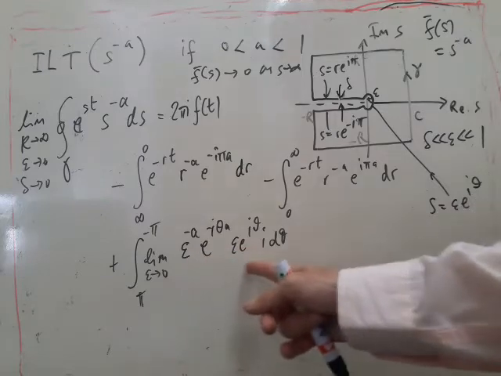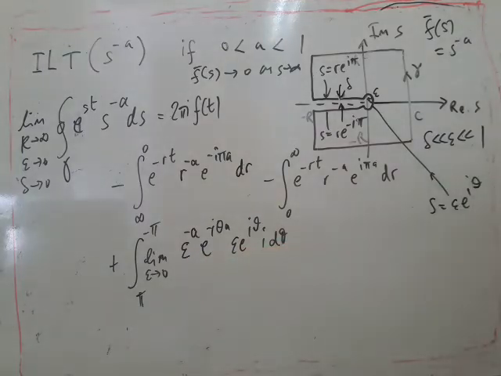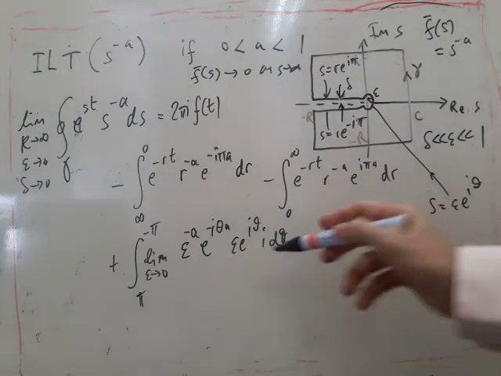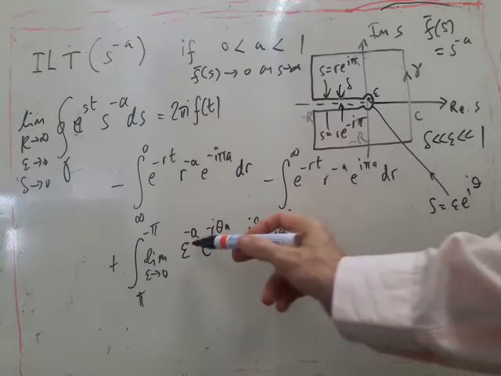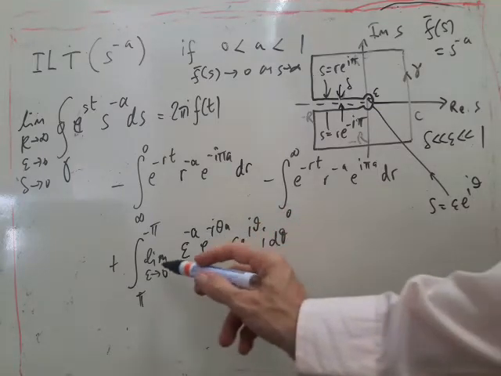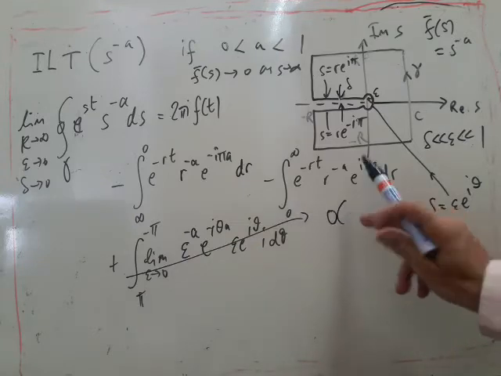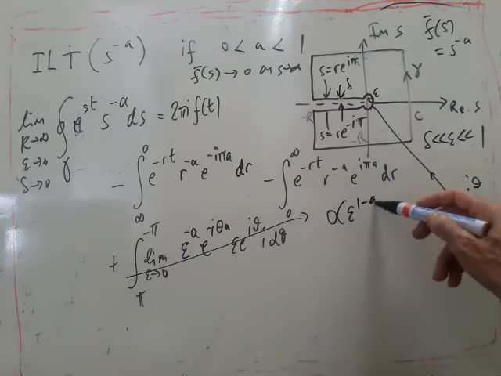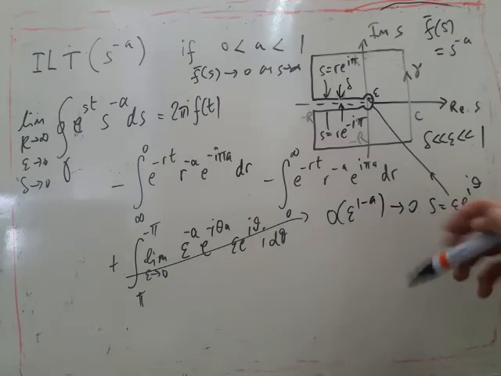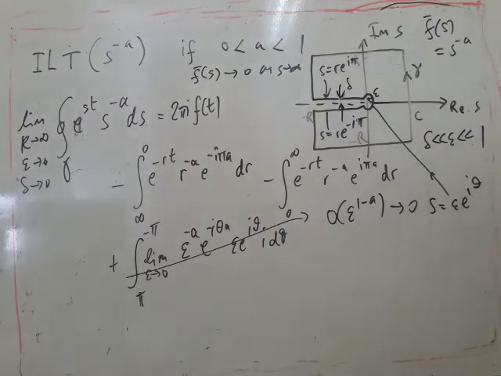Okay, so the important thing is to work out what's happening here. So I've got epsilon to the power 1 minus a. So this is of order epsilon to the 1 minus a, which is going to tend to 0 as epsilon goes to 0, because a is between 0 and 1. So we're okay with that.